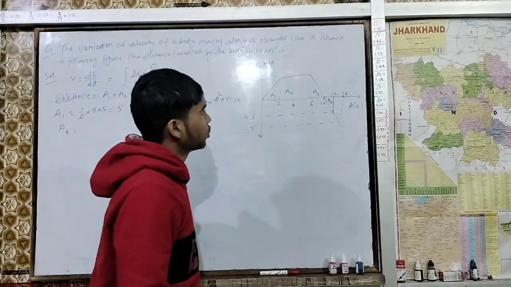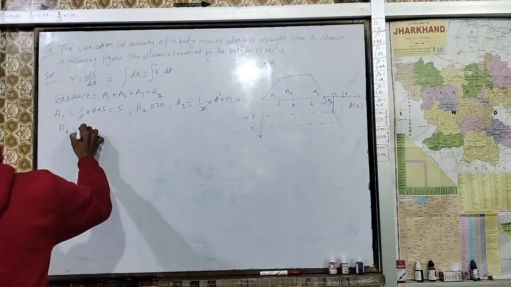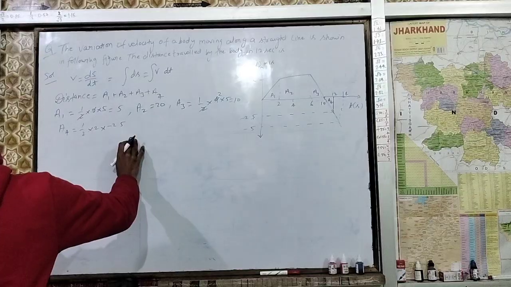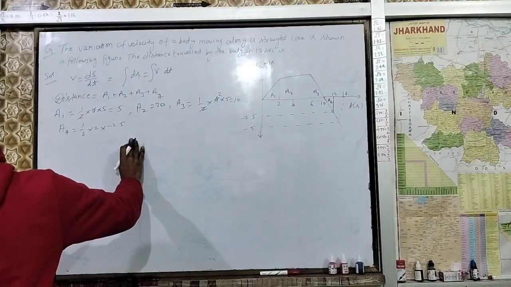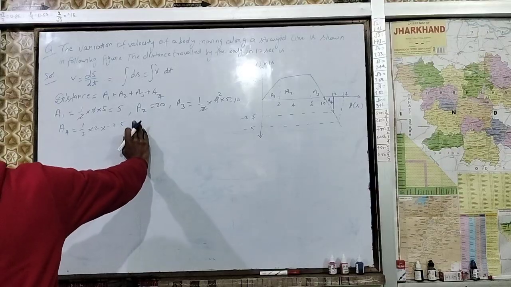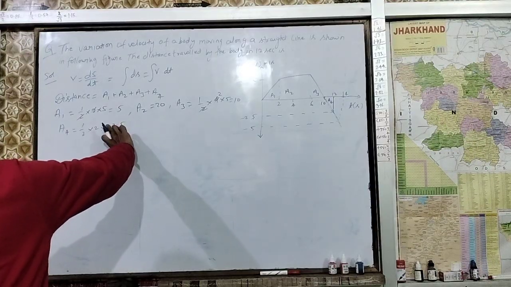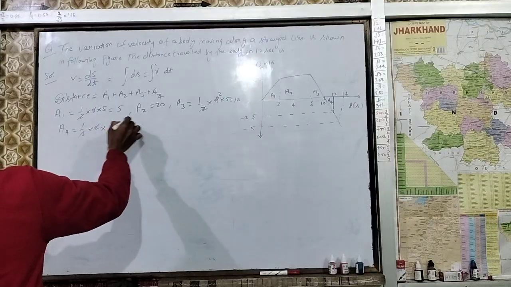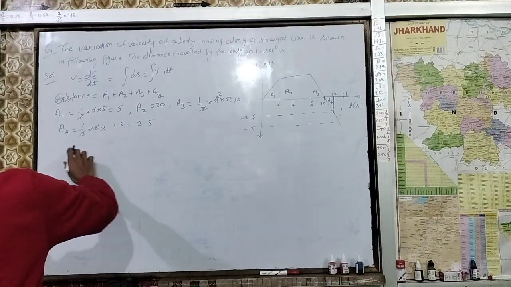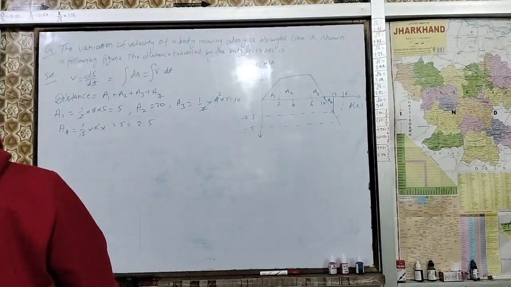Over here base is 2 and altitude is minus 2.5. 1 by 2 multiple 2 minus 2.5. Right now we are ignoring this minus. So finally we got 2.5. Area of fourth section is 2.5.